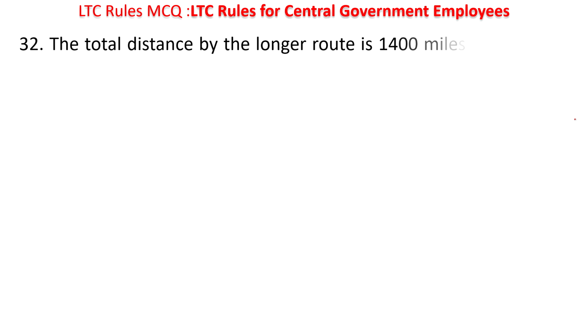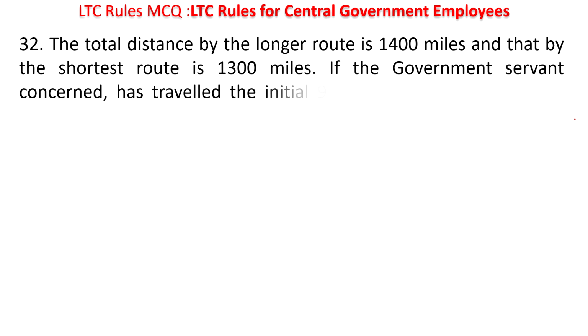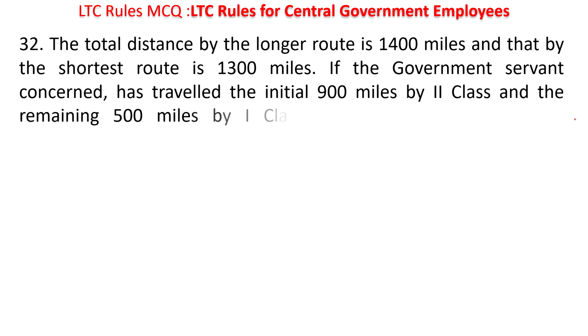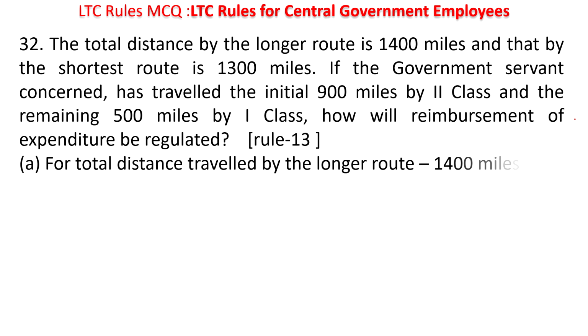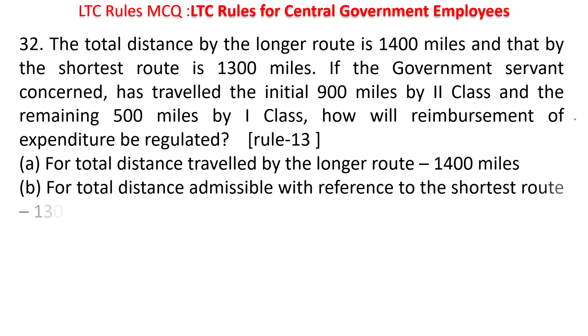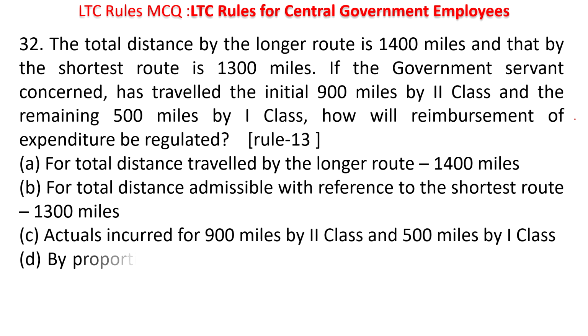Okay. Next question. The total distance by the longer route is 1400 miles and that by the shortest route is 1300 miles. If the government servant concerned has travelled the initial 900 miles by second class and the remaining 500 miles by first class, how the reimbursement expenditure will be regulated? Here you should think that he is eligible only for second class. Rule 13. Total distance travelled by longer route 1400 miles, total distance admissible with reference to shortest route 1300 miles, actuals incurred for 900 miles by second class and 500 miles by first class.